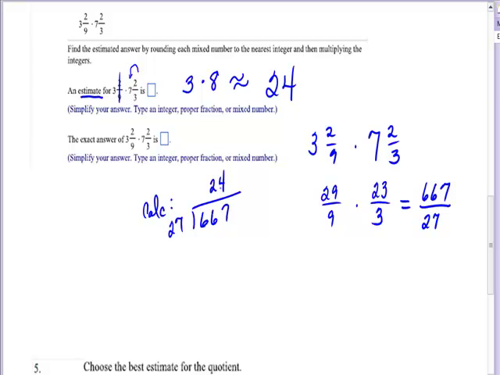Now 24 times 27 is 648. Do the subtraction and you'll get a remainder of 19. What does the answer look like? The whole number is 24, and then it is 19 over 27.